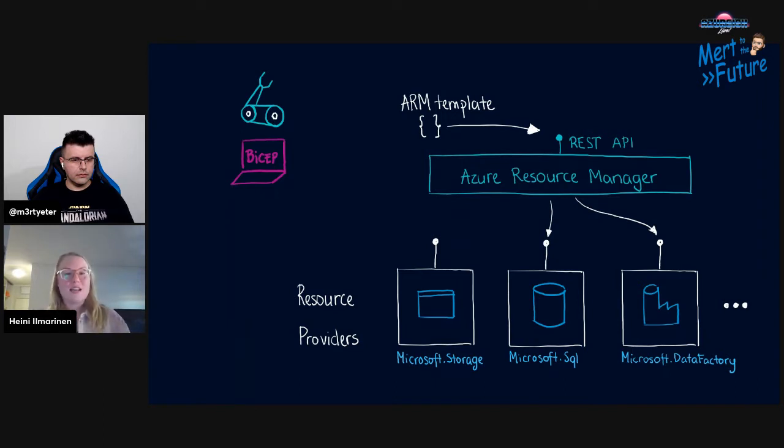What you're going to need is, of course, some kind of text editor. And what I would recommend is Visual Studio Code, because it has a really nice Bicep extension that makes the authoring of the files a whole lot easier. In addition to that, you need either Azure CLI or PowerShell, because you're going to do the deployments using one or the other option.